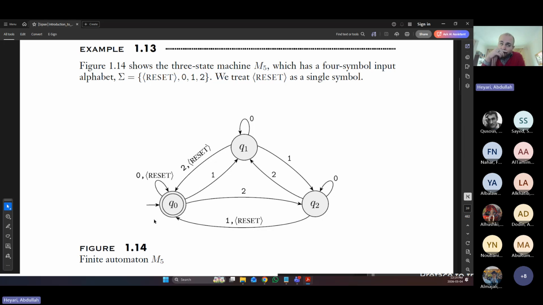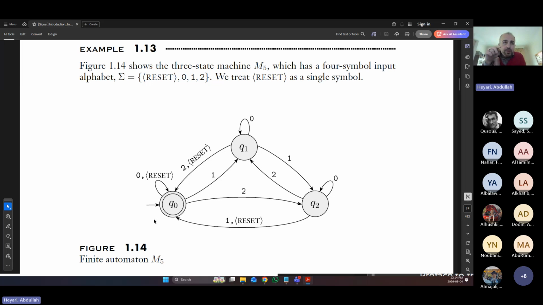Q2? Right. So bear in mind, I can read 2 and go to Q2. I can read 1 and go to Q1. I can read 0 and just remain at Q0. I can read reset. Just treat reset as a single alphabet symbol.